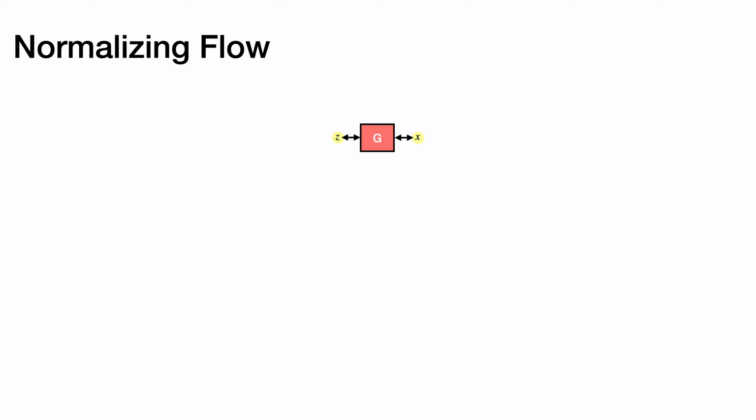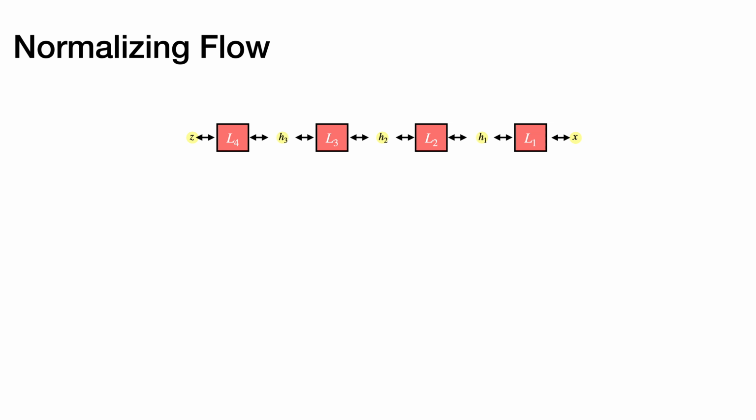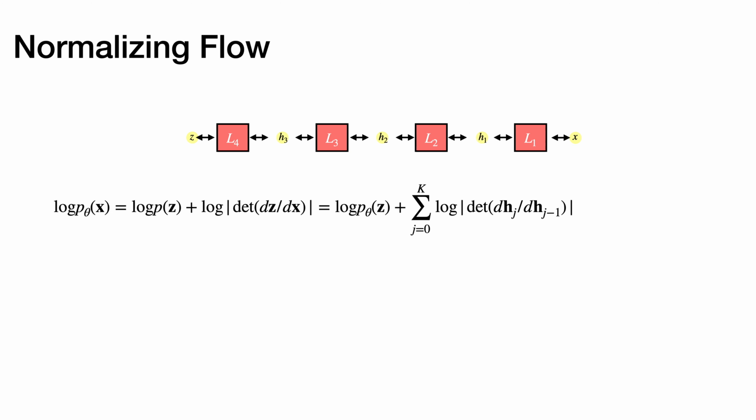For the normalizing flow model, it uses many invertible network blocks to map input data into latent Z with a known prior distribution. When generating new data, we just sample from latent Z. We can calculate the log likelihood of data X using the prior distribution of Z and the determinant of the Jacobian matrix between Z and X, as shown here.